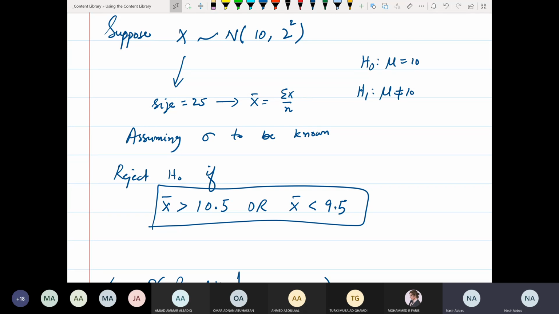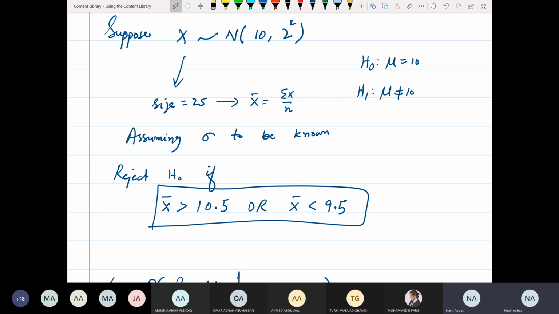You will see 79% of the times your X bar will be within 9.5 and 10.5, and the remaining 21% of the times it will be outside. That's how you find the probability of type 1 error if the rejection region is given.